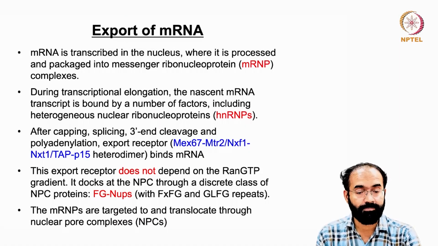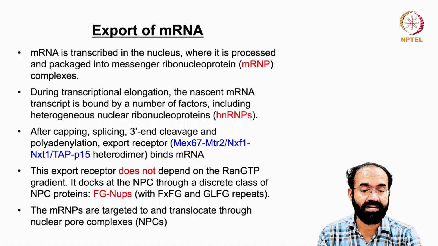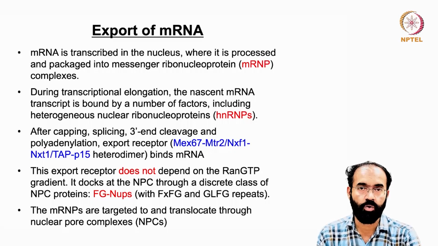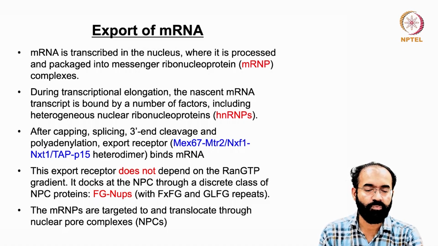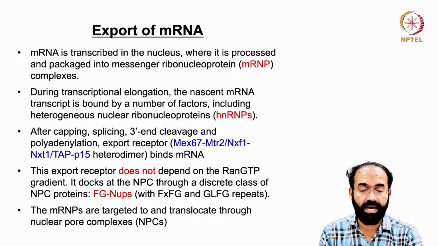After capping, splicing, 3' end cleavage and polyadenylation onto this mRNA, the export receptor, which is formed of a multi-protein complex, binds. What are those proteins? MEX67, MTR2, NXF1, NXT1, TAP-P15 heterodimer. So TAP-P15 is a heterodimer, and they bind to the RNA.